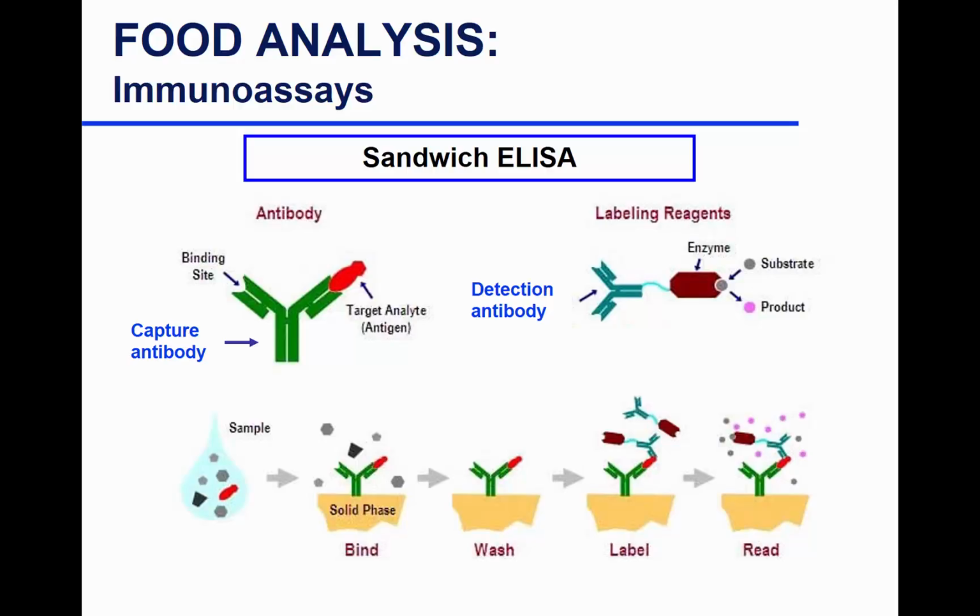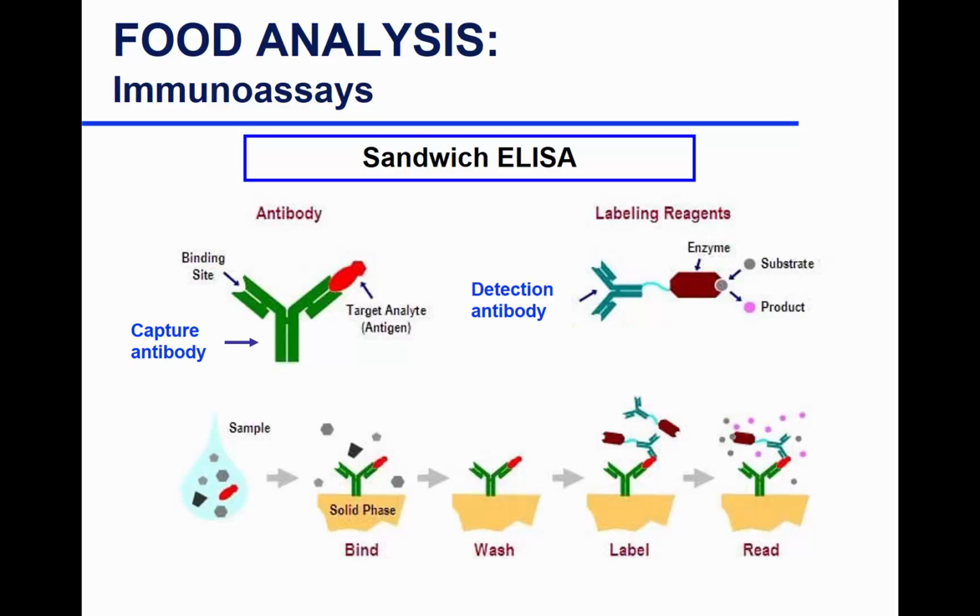So polyclonal here, monoclonal here would be really nice to have. So they will bind at a different epitope. Your antigen will have hundreds of epitopes on it if it's a large enough molecule. So the second antibody will bind to another epitope on your antigen, and it's labeled with an enzyme.